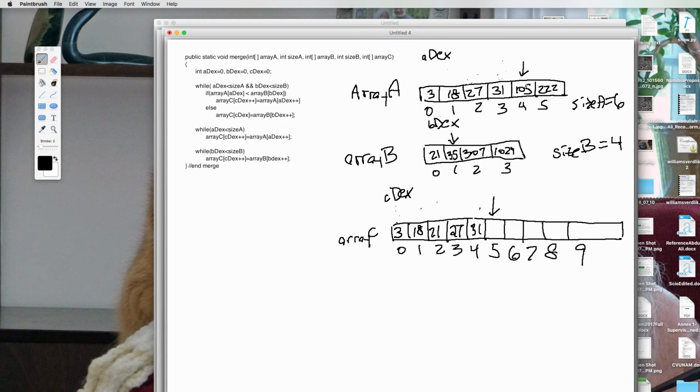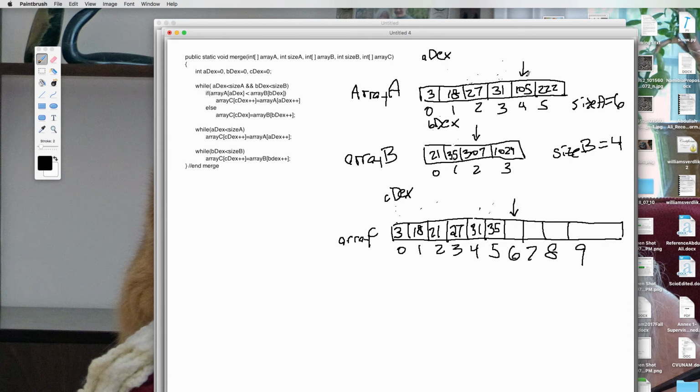In this situation here, I'm comparing 105 and 35, so the 35 will come over. Okay, so watch closely what's going to happen now.